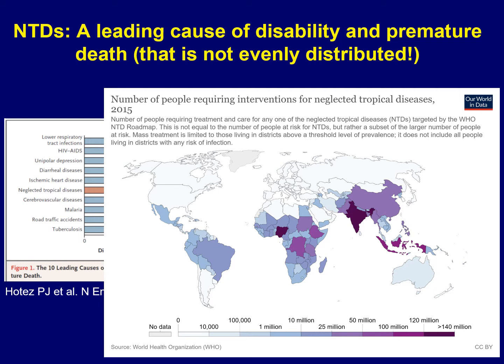In this map, we can see that the number of people is highest in the tropics and subtropics, and in certain places like India and Nigeria with very high populations, many people are affected by NTDs. This really shows you how widespread this diverse group of diseases is.